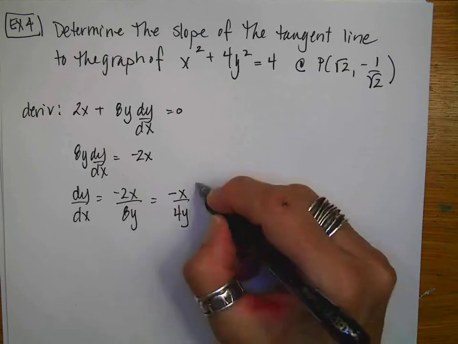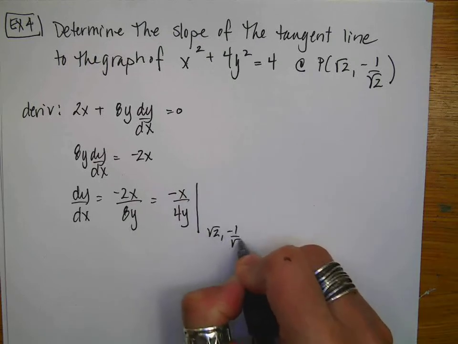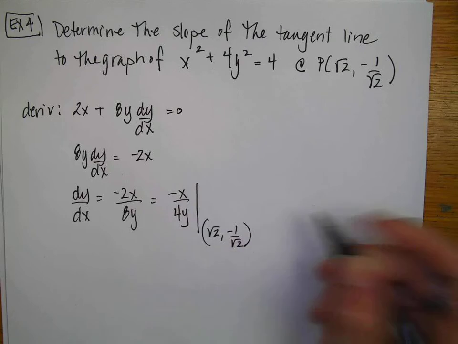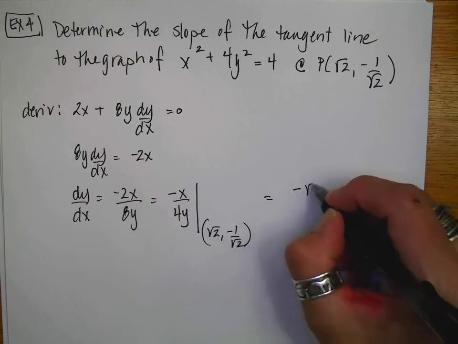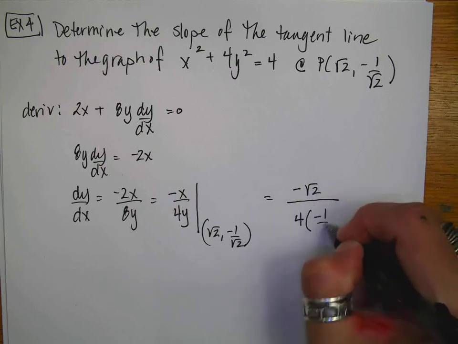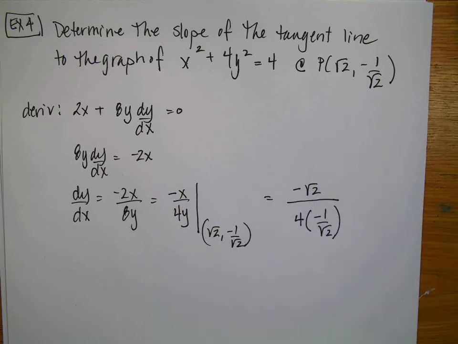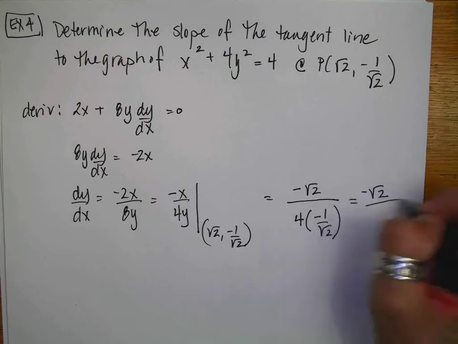All righty? And it says determine the slope, so I'm going to evaluate this at the point radical 2, negative 1 over radical 2. So now if I substitute those values in, that's going to be negative radical 2 over 4 times negative 1 over radical 2. Okay, I do need to simplify a little bit.